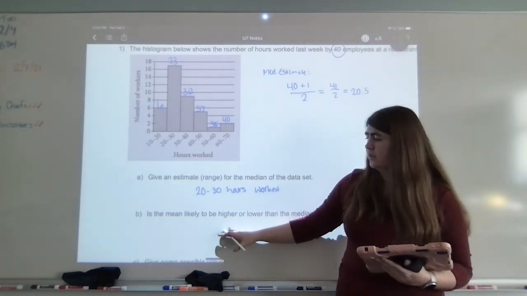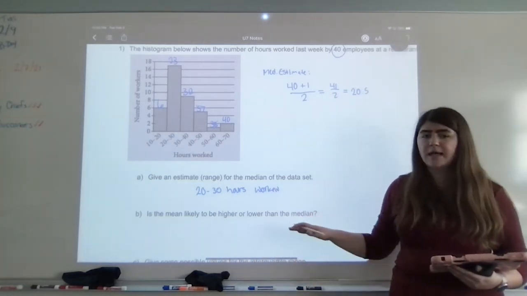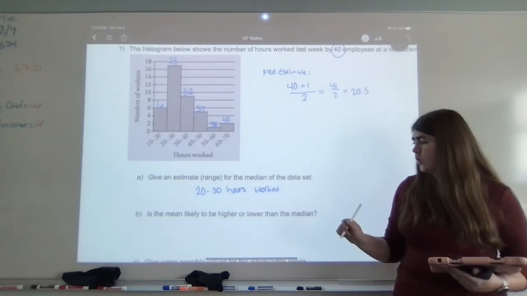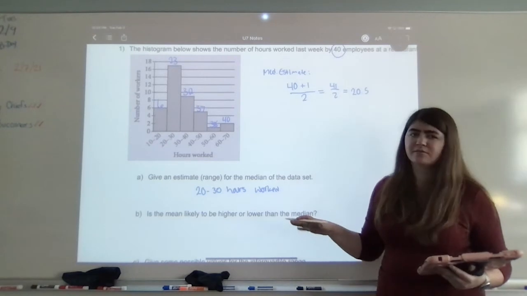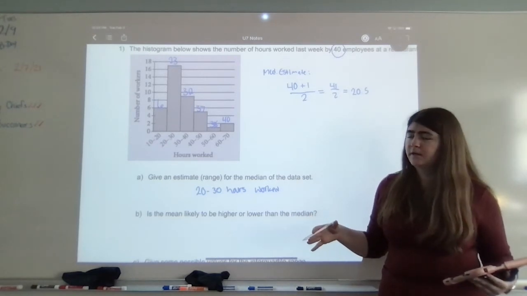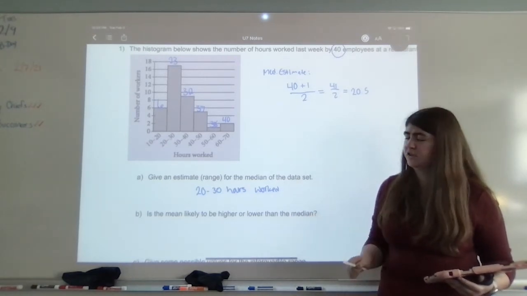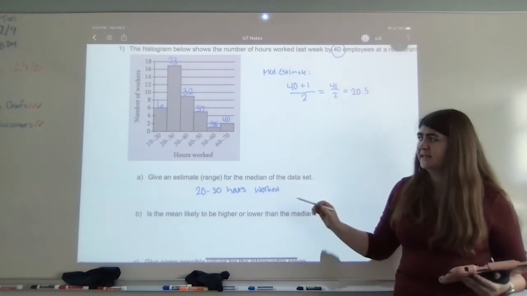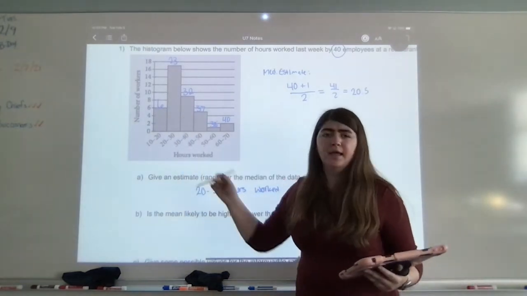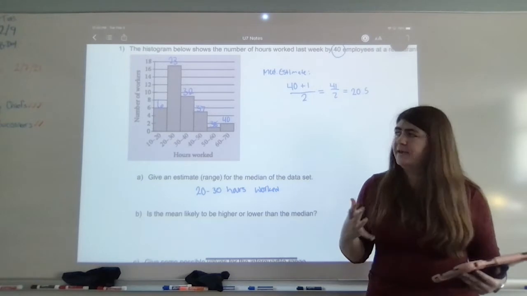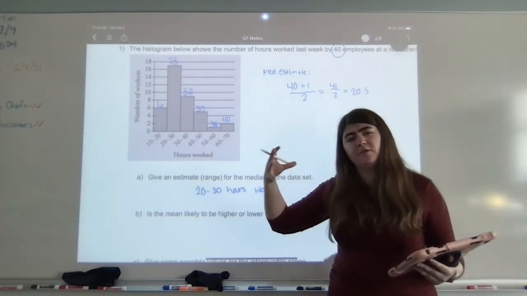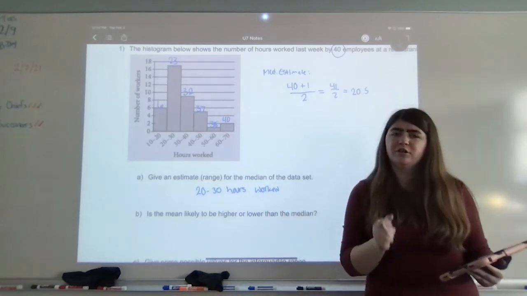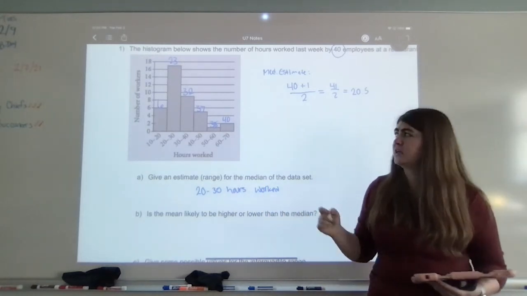Letter B, is the mean more likely to be higher or lower than the median? In order to calculate where the mean is, we're not actually going to calculate the mean, and we don't need an exact median either. But we do know that the median has to be in this column, and our mean is our average. If we have a lot of our numbers that are being pulled to the right as opposed to pulled to the left, your mean, your average, is going to pull with it.